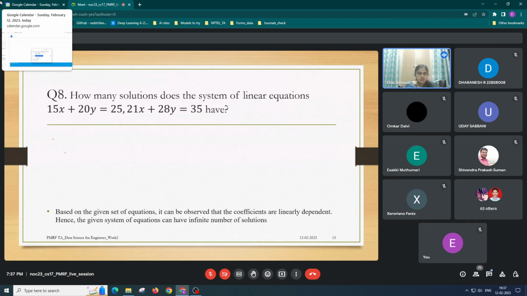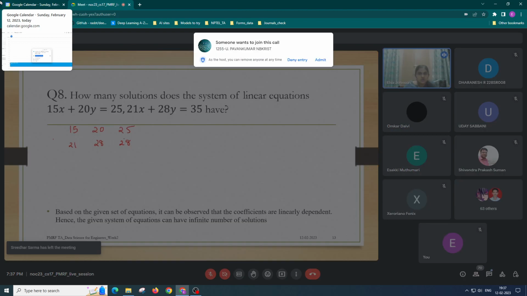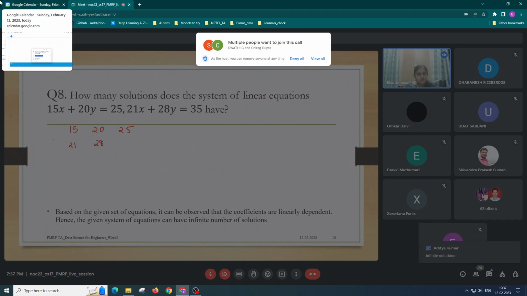So you can write 15, 20, 25 and 21, 28, 35. Can you tell me how many solutions it can have?